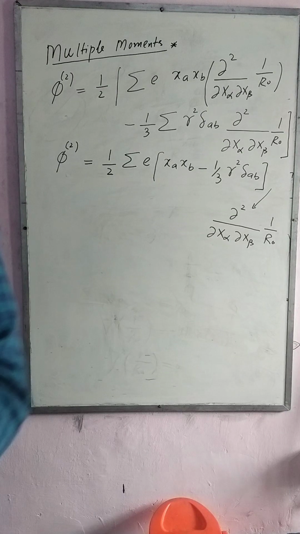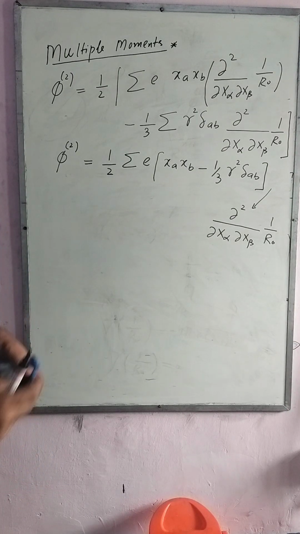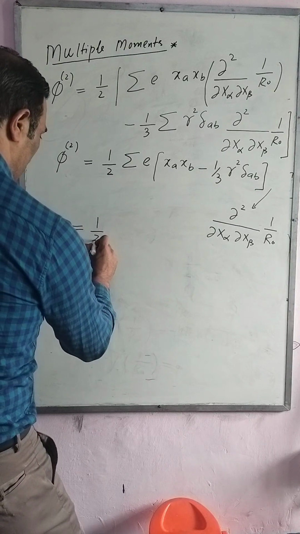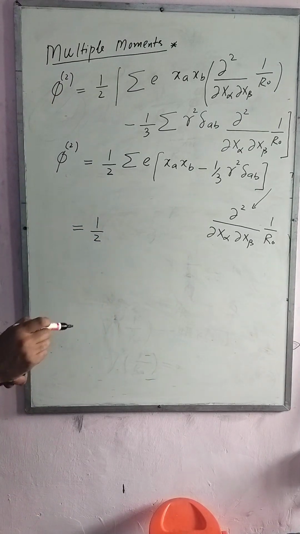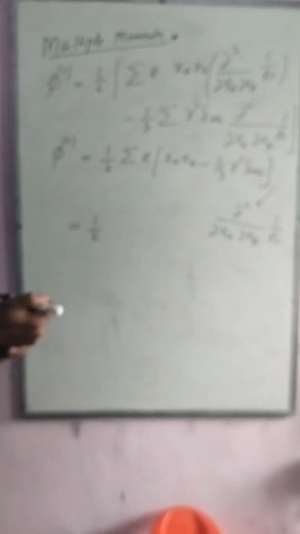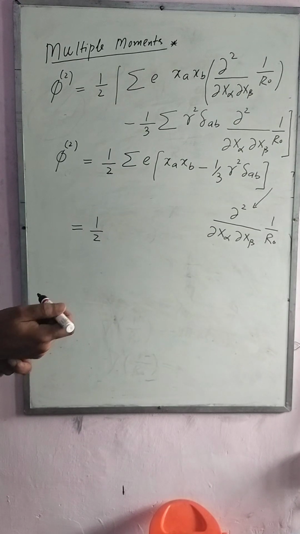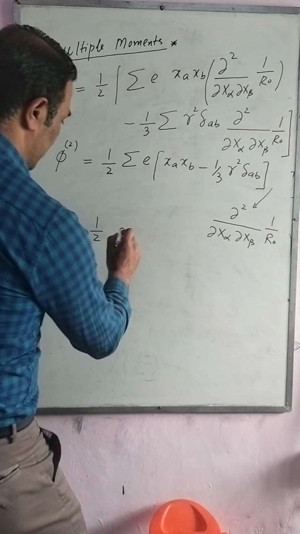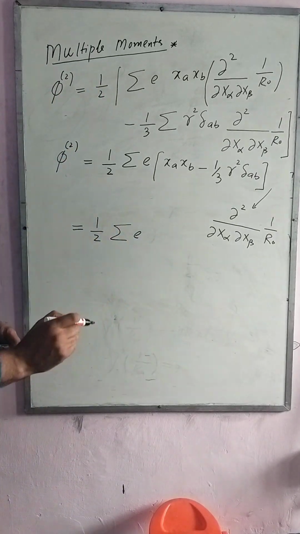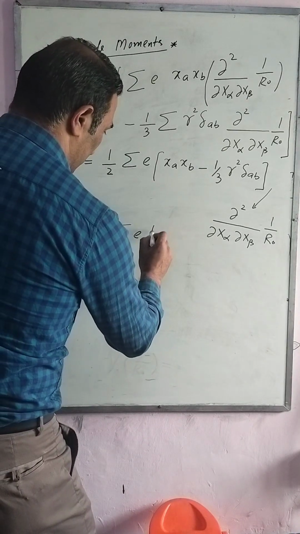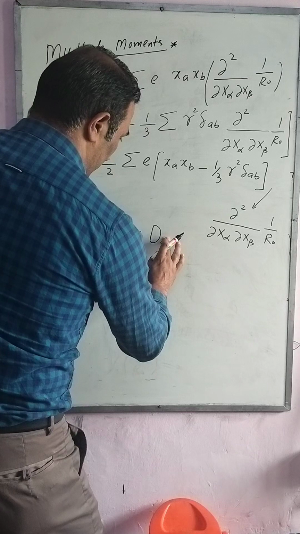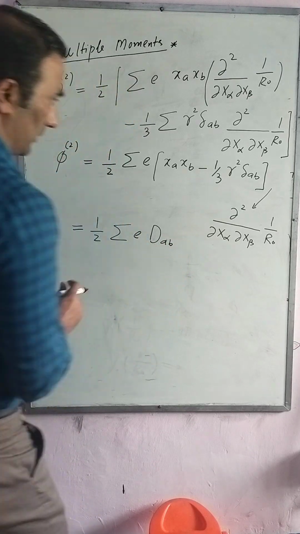So I can rewrite this term as 1 by 2, or you can multiply this term by, okay, so you write summation over e, and this is our D of AB, right?